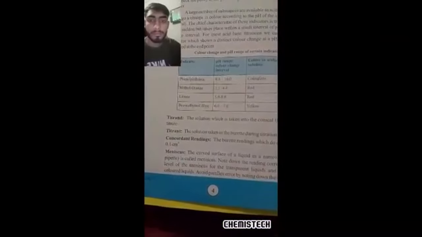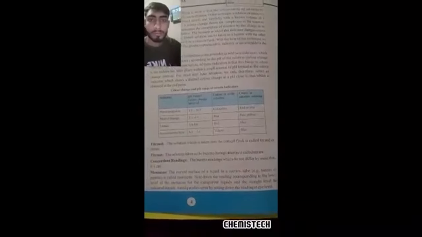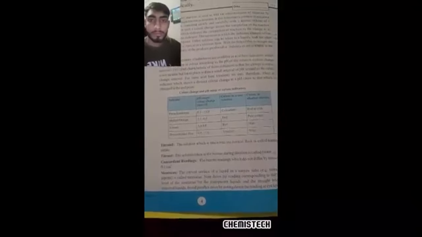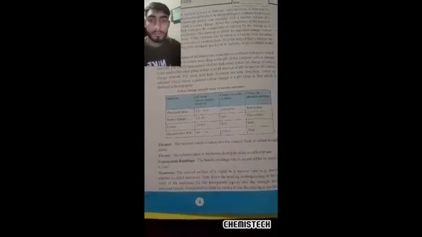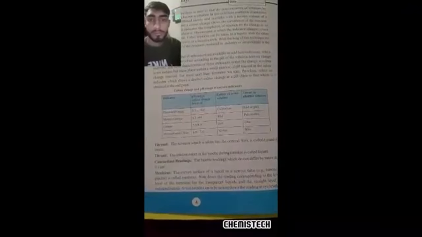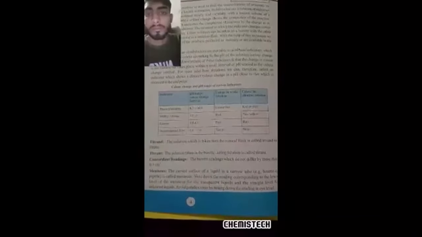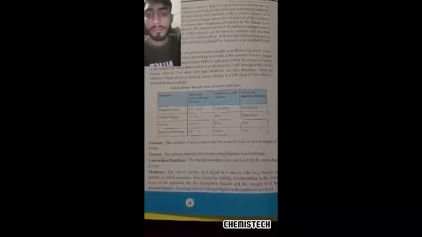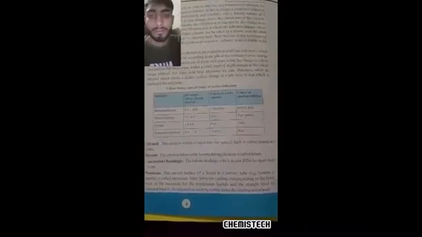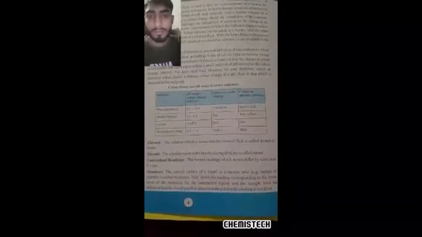Here is the titrate. The solution which is taken into the conical flask is called the titrate. Titrant: the solution taken in the burette during titration is called the titrant. Concordant reading: the burette readings which do not differ by more than 0.1 cm3. Meniscus: the curved surface of a liquid in a narrow tube, e.g. burette or pipette, is called the meniscus.